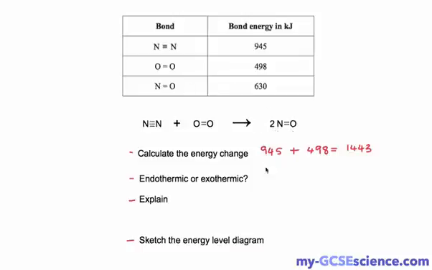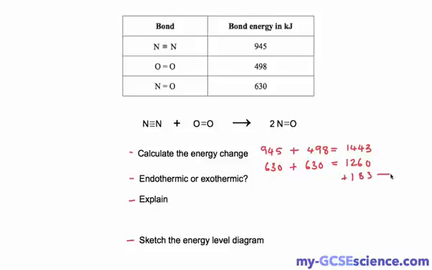So for NO it's 630, but we have two molecules of NO, so it's 630 plus 630, and that gives us an answer of 1260. Is it endothermic or exothermic? If we subtract these two, we get an answer of 183, and that's a positive value.